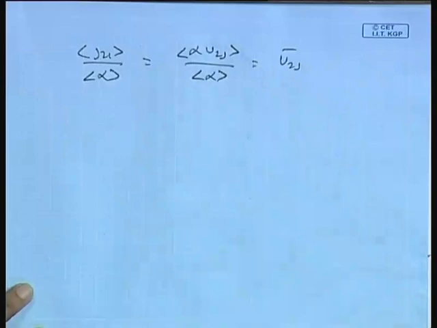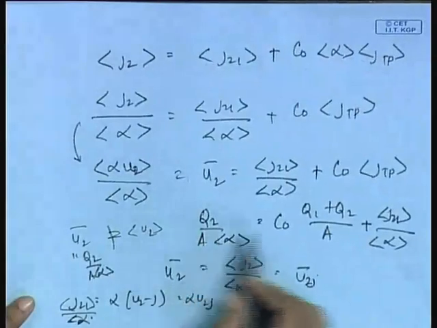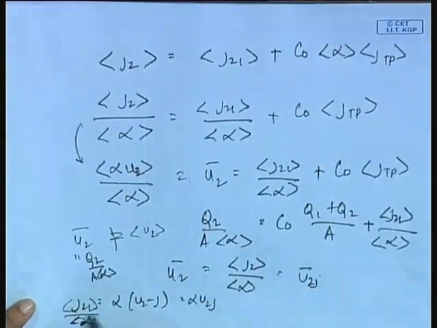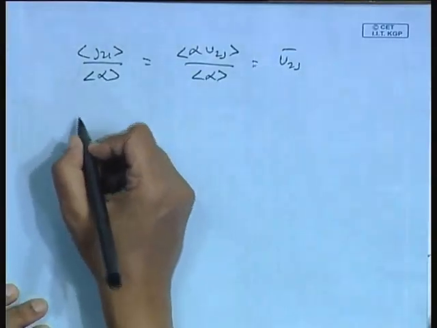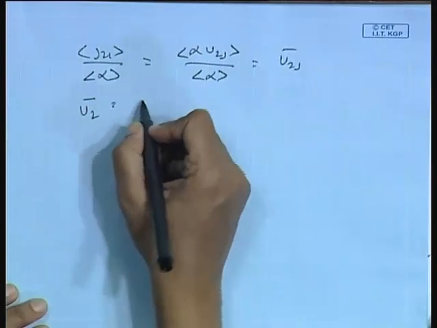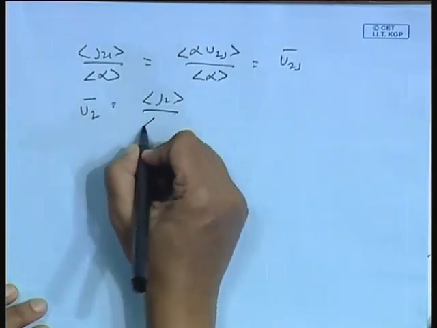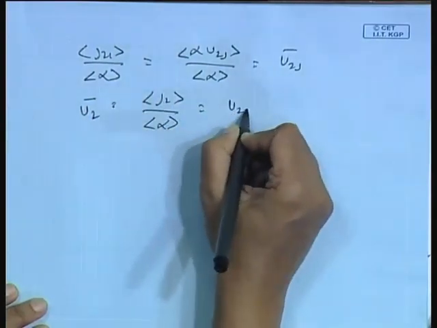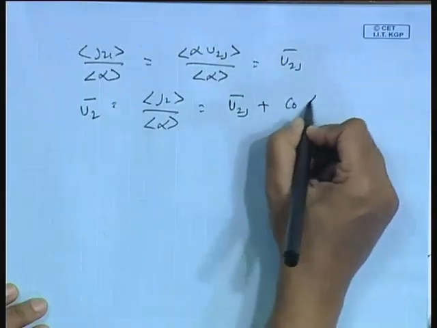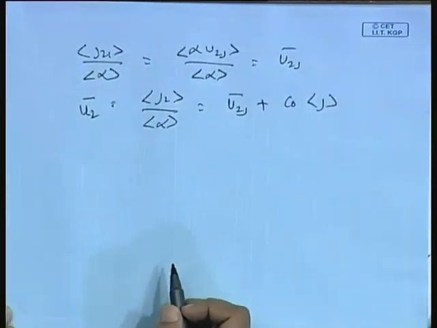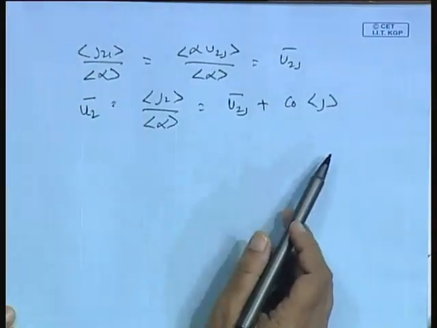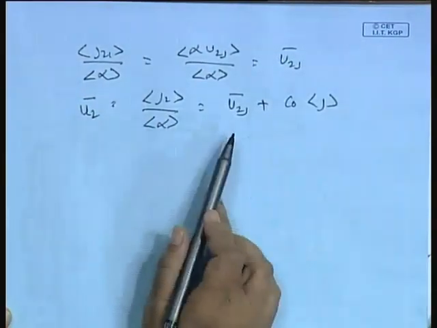So, the previous equation which we were writing, we can also write as U2 bar is nothing but U2j bar plus C0j.